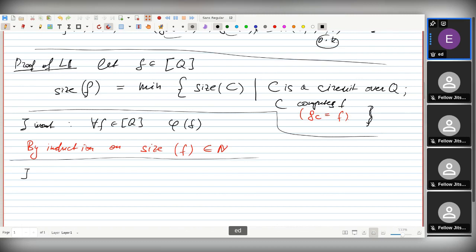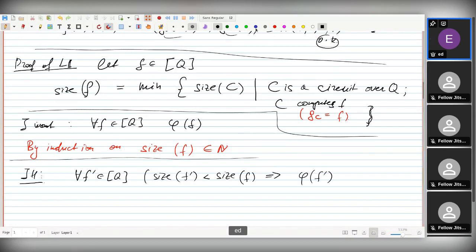Okay. So, what is our inductive hypothesis? Our inductive hypothesis is as follows. For whatever function f prime computable from Q, if the size of this f prime is less than the size of our function, then it satisfies phi.